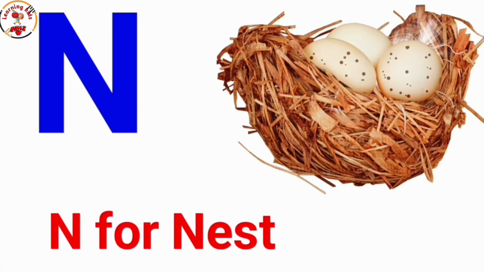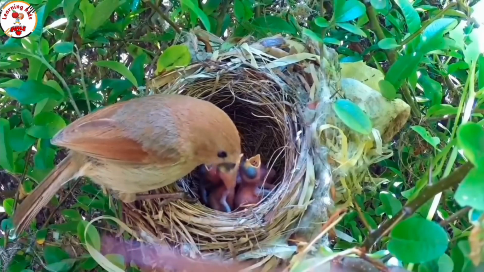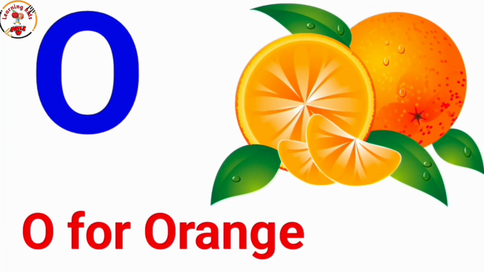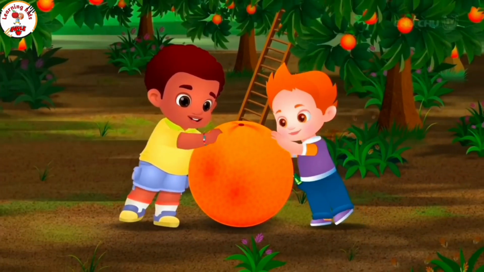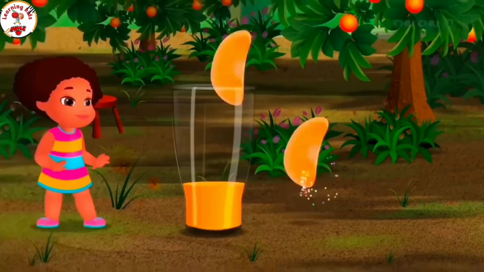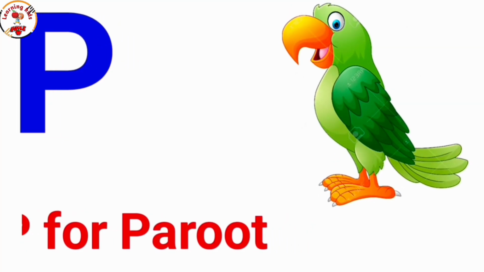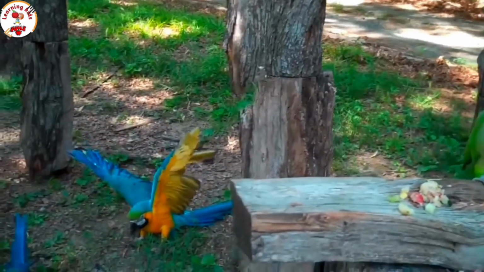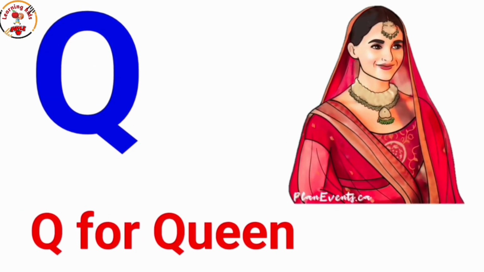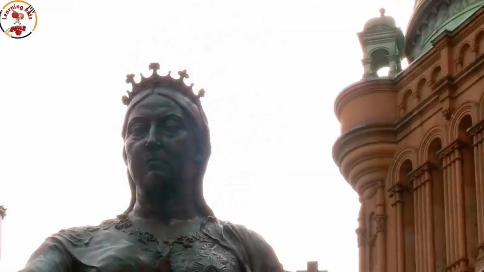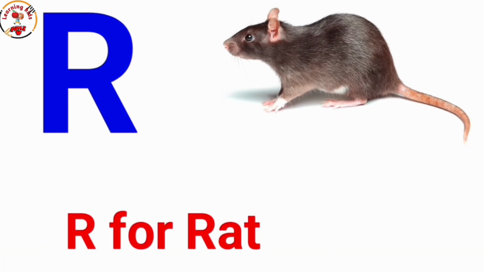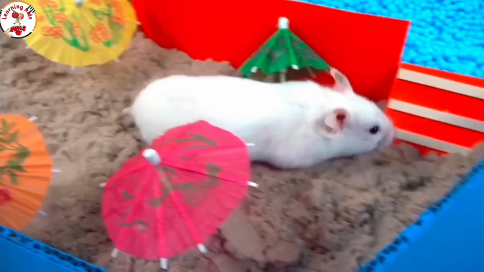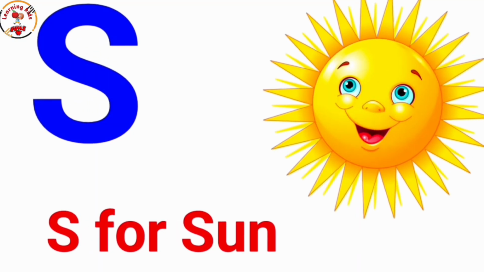N for nest. O for orange. P for parrot. Q for Queen. R for Rat. S for Sun.